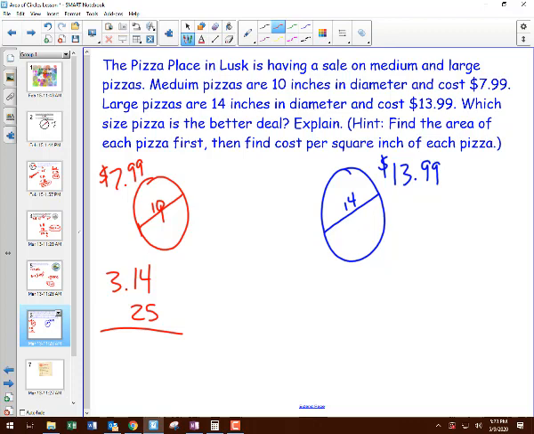And our area is going to be 78.5 inches squared. Okay. Now at that point, what is our hint? Fine, we're going to find the cost per square inch. Okay, so that means you're going to take your cost and you're going to divide it by the number of square inches that you have here.